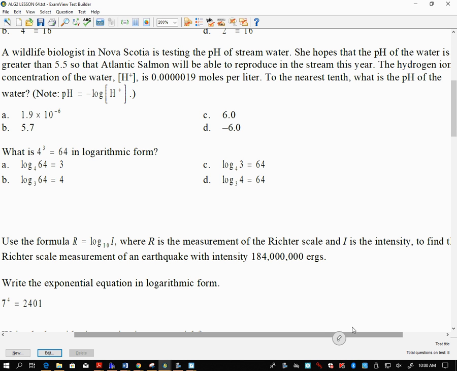Note pH equals negative log of the hydrogen ion concentration. So all you really have to do here is plug this into a calculator as negative log base 10. You're keeping it in base 10. You're just going to plug that into a calculator and get your decimal answer.